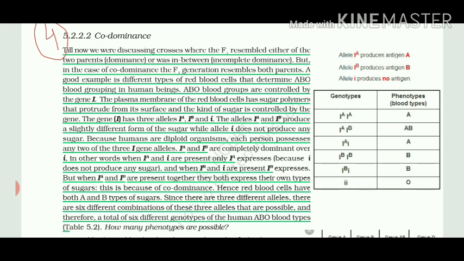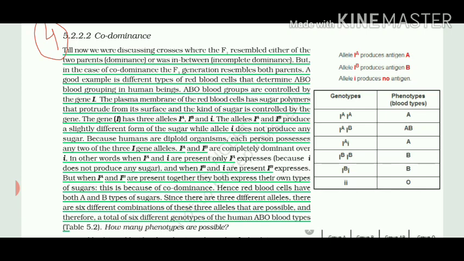Phenotypes means blood group, genotypes means genetic constitution. If capital IA and capital IB come together, co meaning together, both express their own sugar, which is called codominance. Both A and B type sugars can be produced on the RBCs.